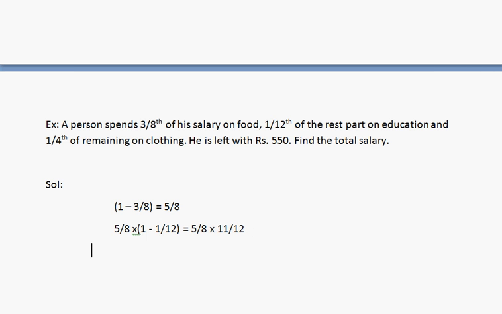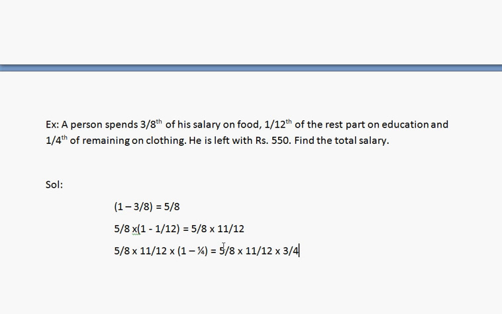Now out of this he spends 1/4 on clothing, right? So 5/8 multiplied by 11 by 12 was what he had before he spent something on clothing. He spent 1/4 on clothing, so he is left with 1 minus 1 by 4, which is equal to 5 by 8 multiplied by 11 by 12 multiplied by 3 by 4.